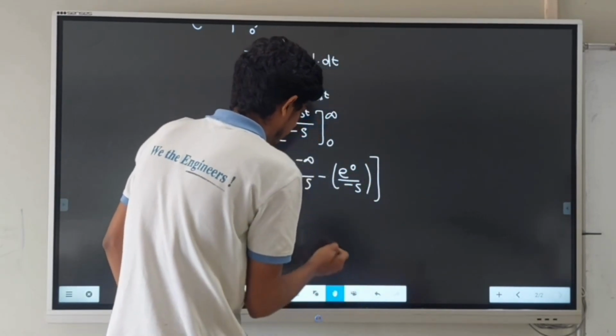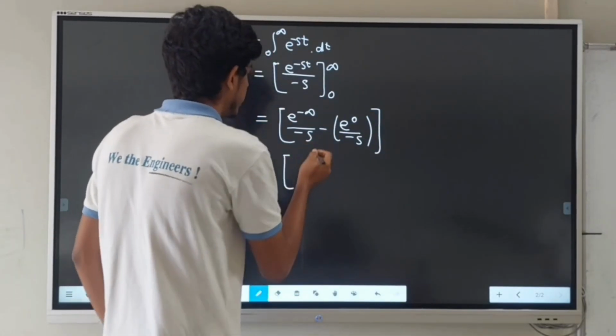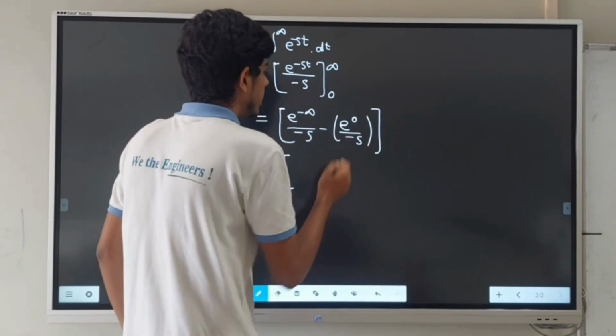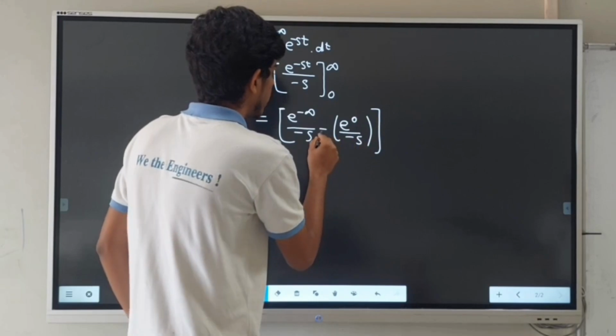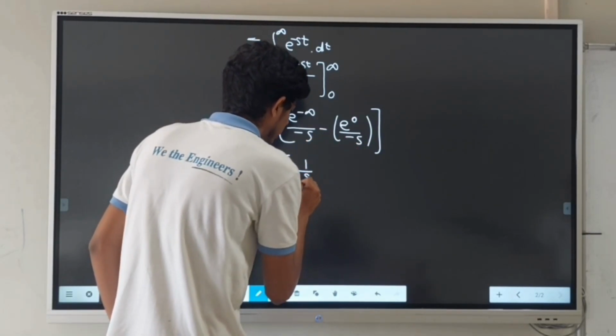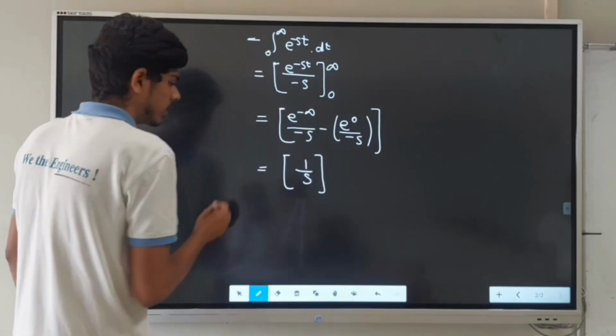We know that e raised to minus infinity is 0 and 0 upon anything is 0. And e raised to 0 is 1 and minus s is plus, so 1 upon s. This is the Laplace transform of 1.